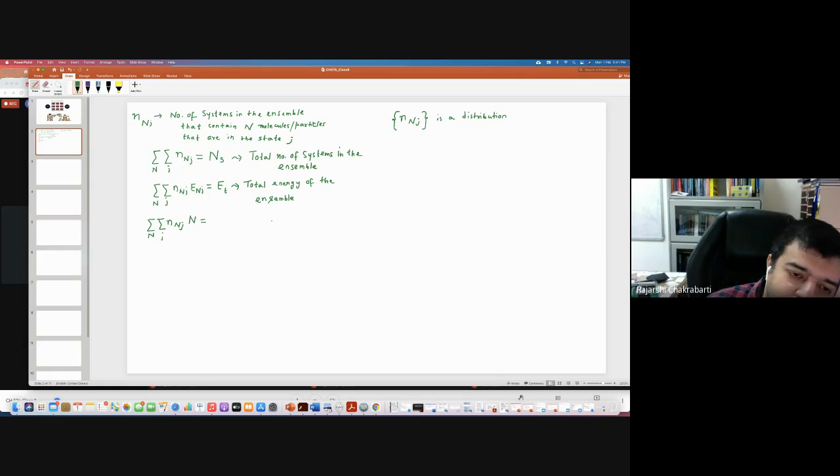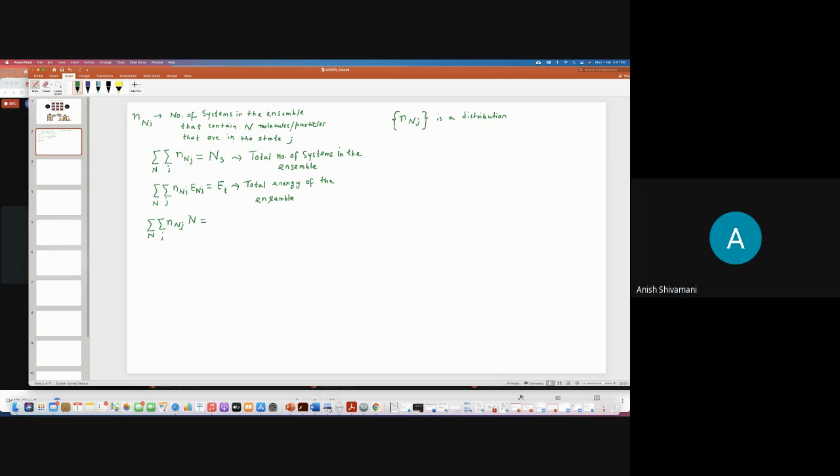You don't know what this is, but this will be some number, isn't it? This will be the total number of particles or molecules in the ensemble. Each system, what is N? You remember? What is capital N?